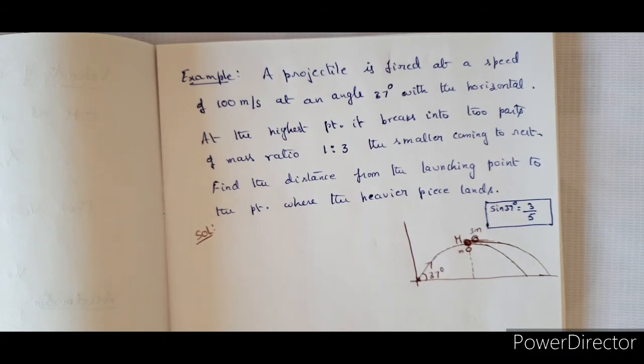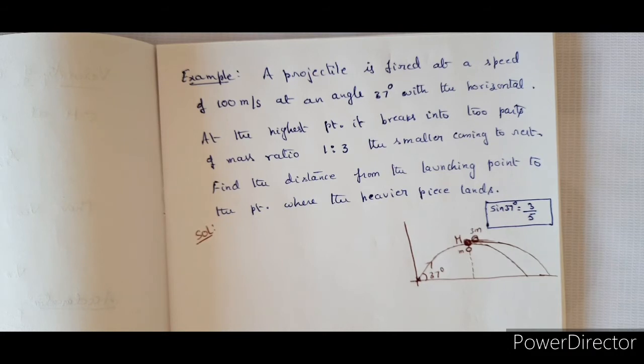So the total momentum that the shell has at maximum height will be continued with the bigger mass. That means the bigger mass moves with the complete momentum of the complete body, because the smaller one is coming to rest there. That means the momentum there becomes 0.